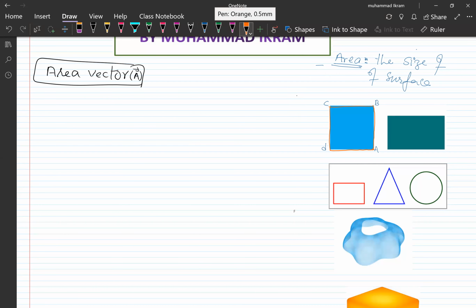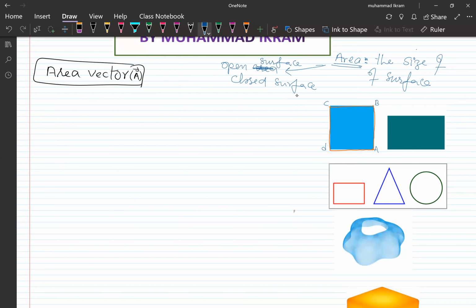We have two kinds of areas, the flat area or the open area, and the area for the closed surface. So it is better if I write open surface rather than area. We have two kinds of surfaces, the open surface and the closed surface.